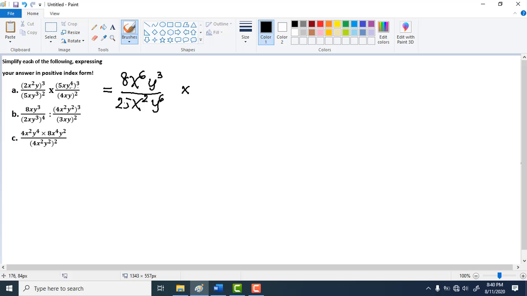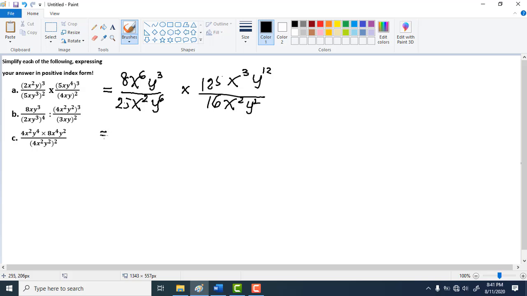We expand the operation inside of the bracket. 5 to the power of 3 means 5 times 5 times 5, 125, and then x to the power of 1 times 3 equals 3, use the third law of indices, and then y to the power of 4 to the power of 3 equals y to the power of 4 times 3, 12, divided by 4xy to the power of 2. 4 to the power of 2 equals 16, and then x to the power of 1 to the power of 2 equals x to the power of 2, and y to the power of 2.